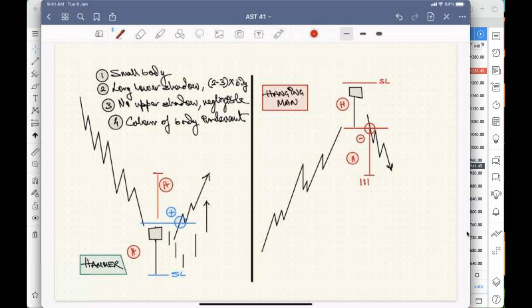It has a possibility of going up. One single candlestick, one day, just one hanging man is suggesting to us that prices can fall. Just one candlestick has this kind of power.